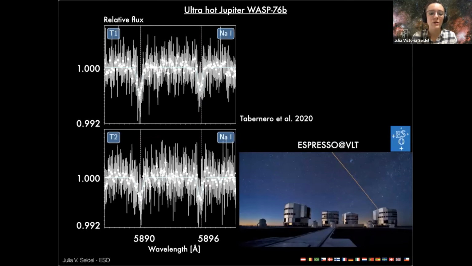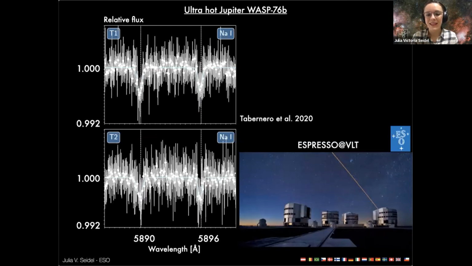And for two different transits, so you see in the top panel transit number 1 and in the bottom panel transit number 2, you again find this very broad, very large sodium doublet for WASP-76. Different group, different technique, different pipeline, different instrument, different time, 2 years later, and still it's there. So that kind of makes this quite robust.